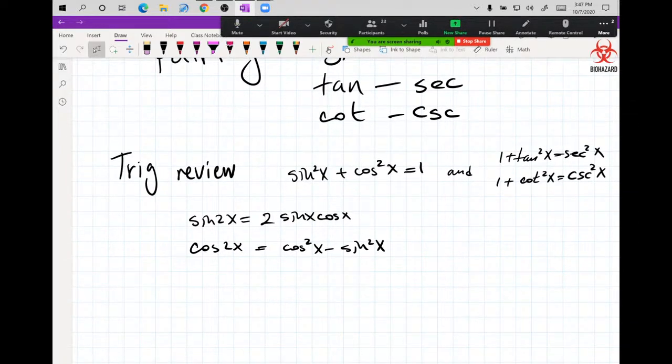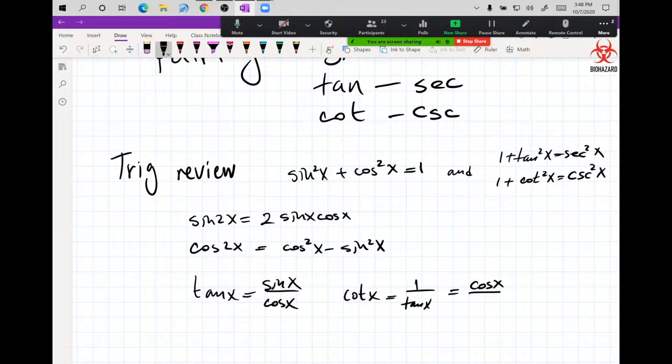And then I will add to this list of basic trig stuff when we get to chapter 4 and we need equations, and then when we get to chapter 5 and we need the power reducing formulas, I will add those to the trig review. But now to survive, I didn't write tangent x is sine x over cosine x. Cotangent x is either 1 over tangent or cosine x over sine x.